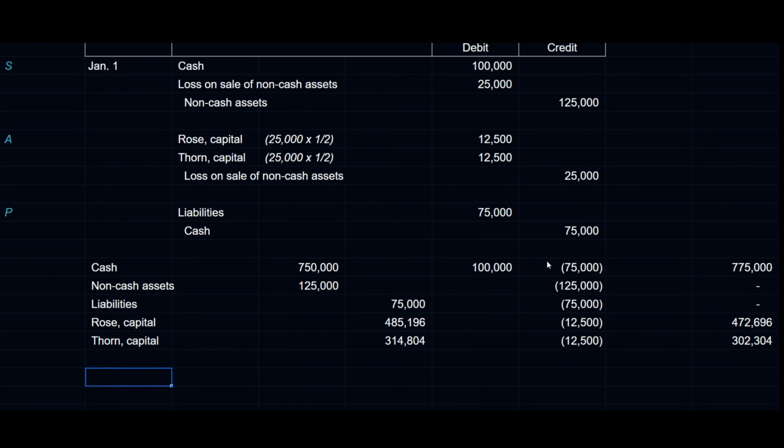That relationship hopefully looks familiar. In other words, we are seeing our assets are equal to our liabilities, which in this case are 0, plus our equity. And since liabilities are 0, we really have assets are equal to equity. Equity is the owner's claim to the assets in the business. So that is why, in this final step, we are going to pay out this cash, the remaining cash of $775,000, not according to a partnership agreement, but according to the partner's claim to the assets in the business.